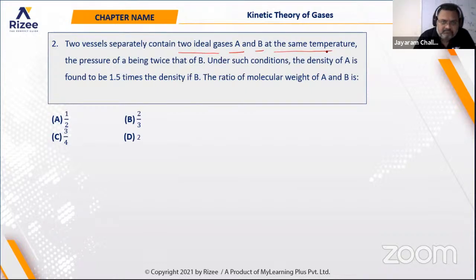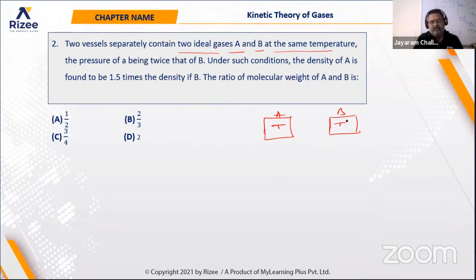Let's name the two vessels A and B. Both of them are ideal gases. Separately, the temperatures are the same, so this is T, this is T. The pressure of A is twice that of B. That means the pressure of A is equal to 2 times the pressure of B. So this is the information he has given.